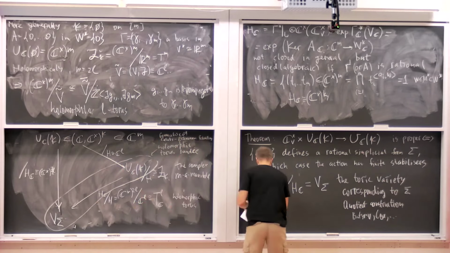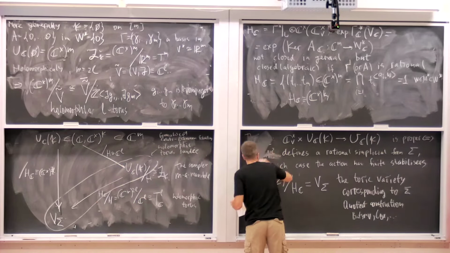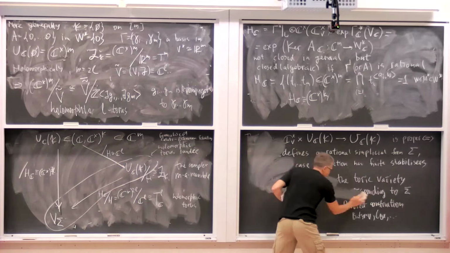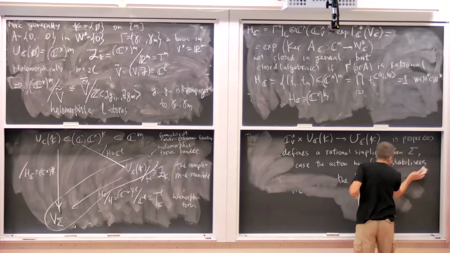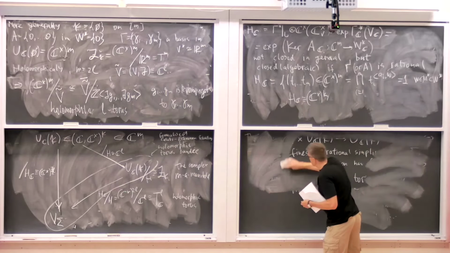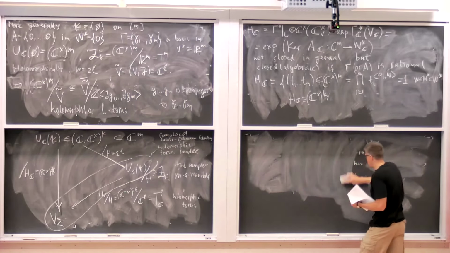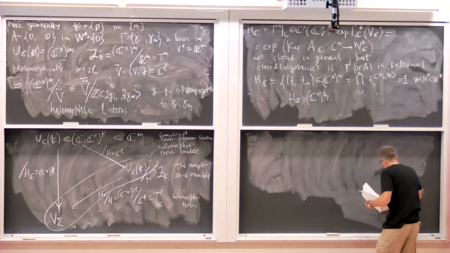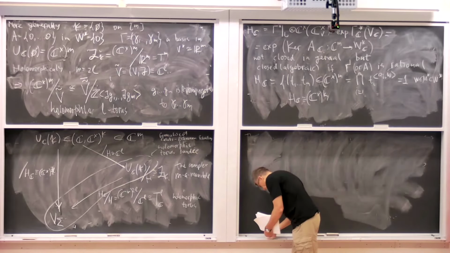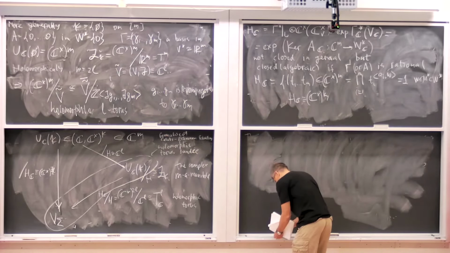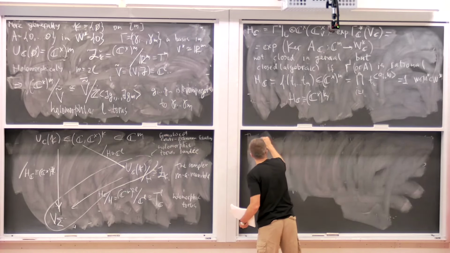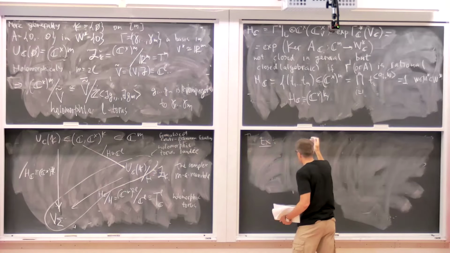Well, yeah, I think maybe I'll just use 2 more minutes to illustrate this on a very simple example why it's called Calabi-Eckmann. Because one of the early examples of a non-Kähler complex manifold was a Calabi-Eckmann manifold.